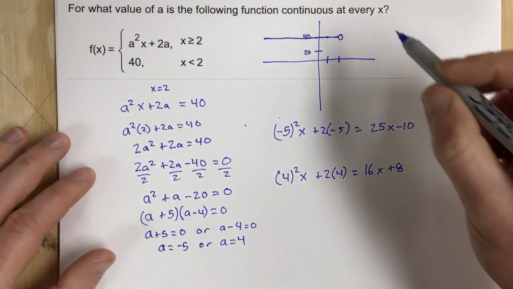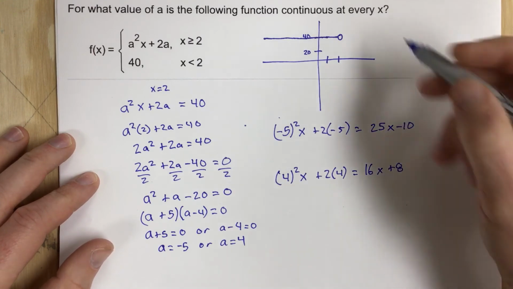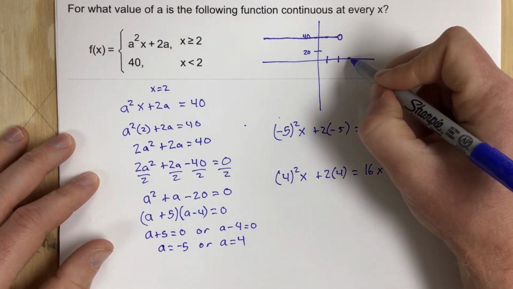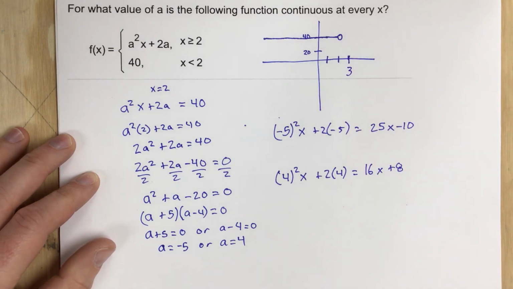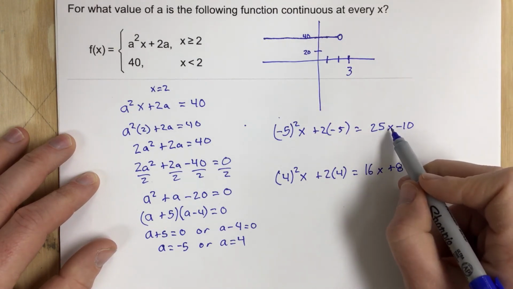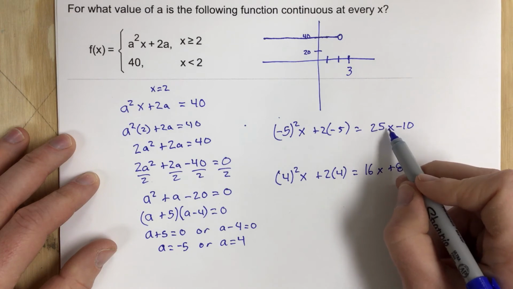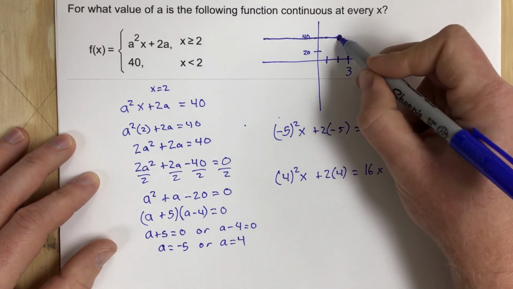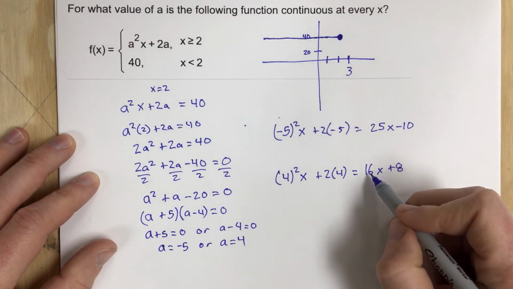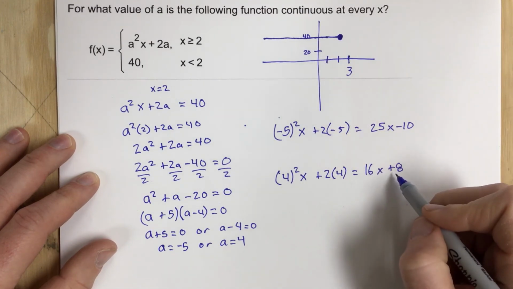Now we could go ahead and kind of graph these just to show what we've done. Let's pick the x equal 3 spot. So we know when we plug in x equal 2, 25 times 2 is 50, minus 10, that's 40, so that closes this dot in. Do the same thing here, 2 times 16 is 32, plus 8, that is also 40.